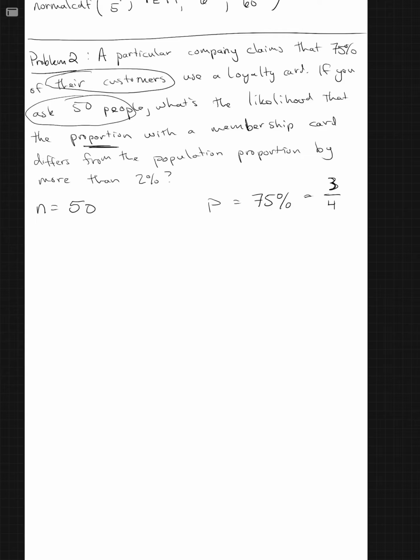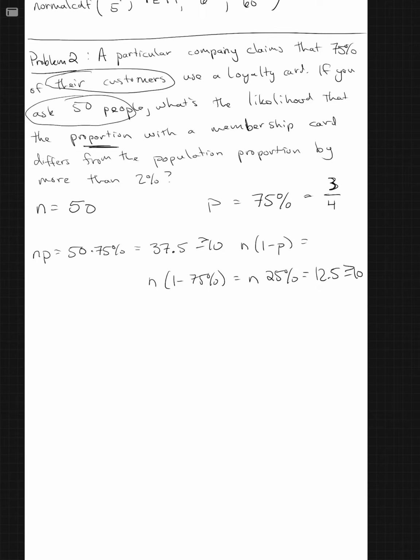Right? So we need to know that N times P, which is 50 times 75%, is 37.5. That's bigger than 10. And we want N times 1 minus P, which is N times 1 minus 75%, which is N times 25%. And that's 12.5. That's also greater than 10. Right?